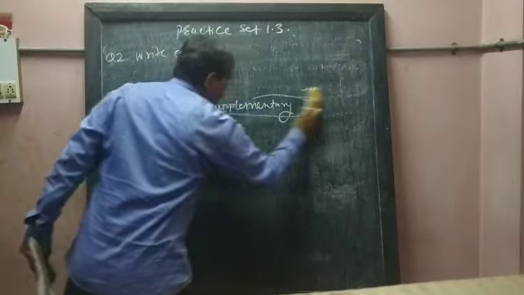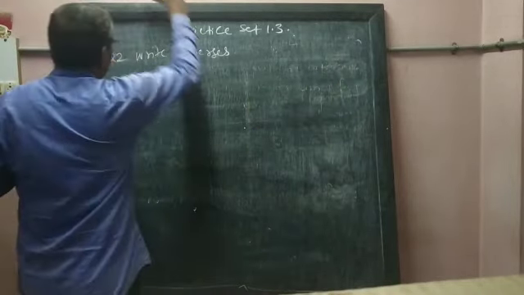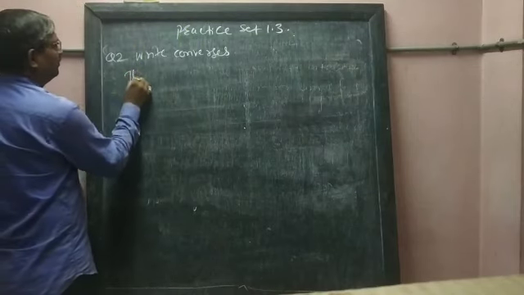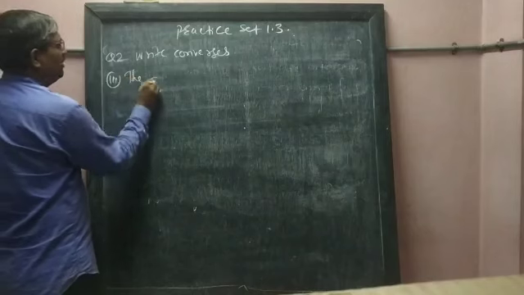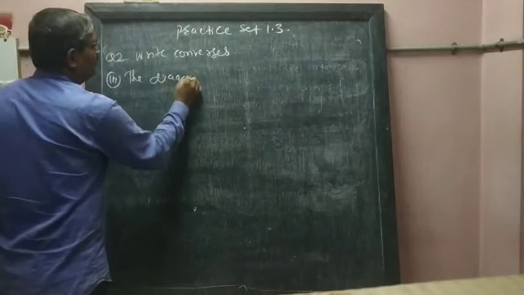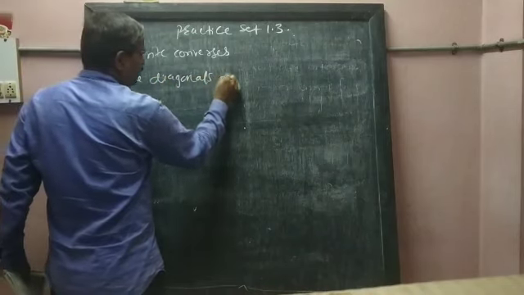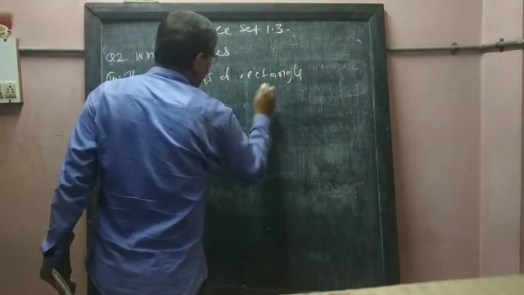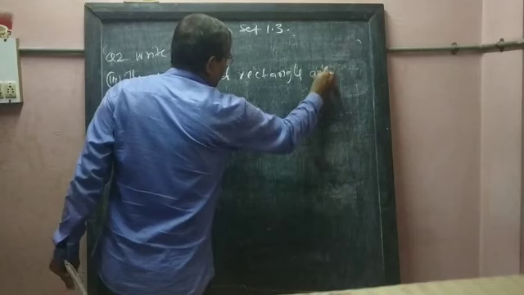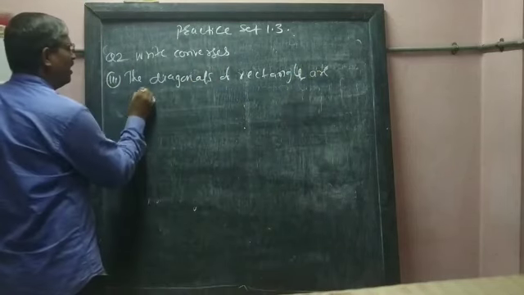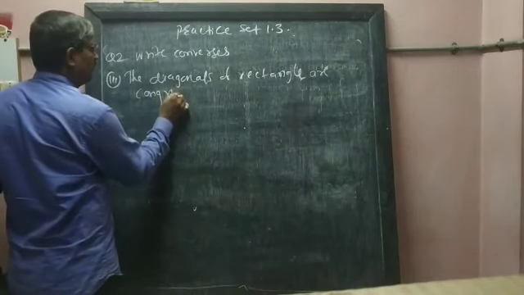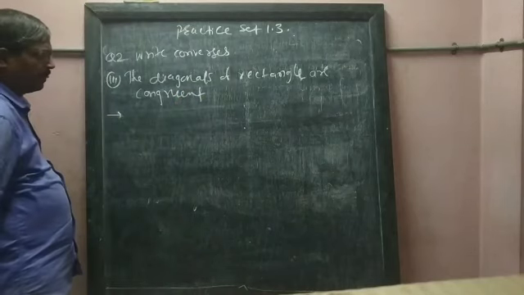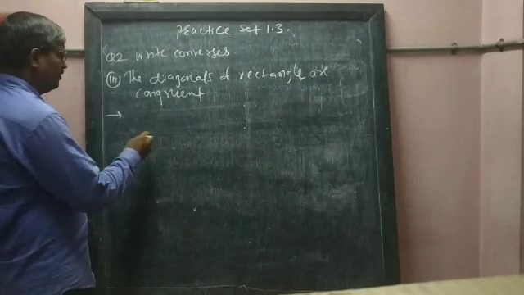What is the third statement? We will check it. The diagonals of a rectangle are congruent. How can you write it?